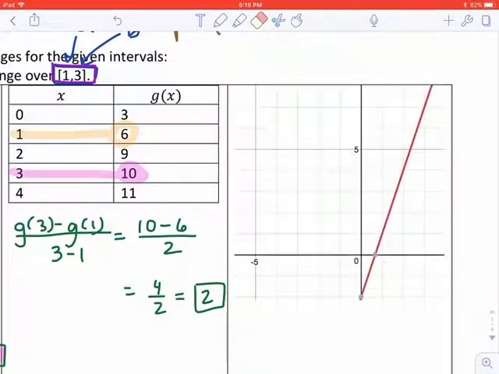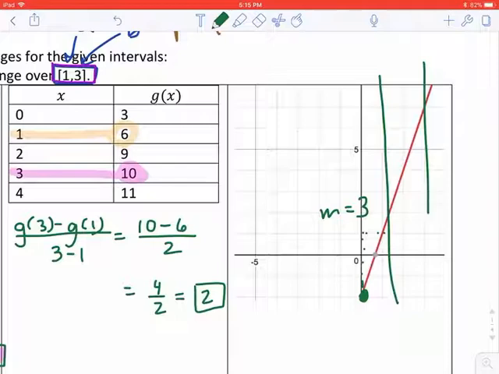So if you can figure out your slope, and I can figure that out, if you pick out one point, say starting with the y-intercept where we normally start, and go up 3 over 1, I can tell that my slope is 3. So my average rate of change will be 3 throughout the entire graph, including my interval between 1 and 3.